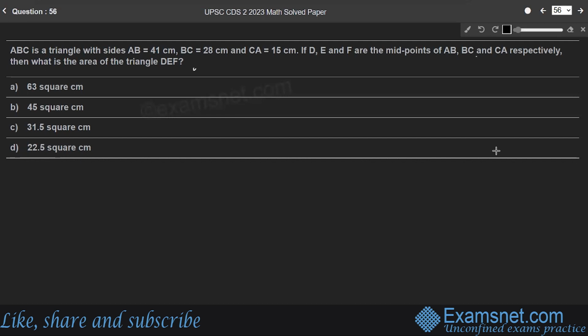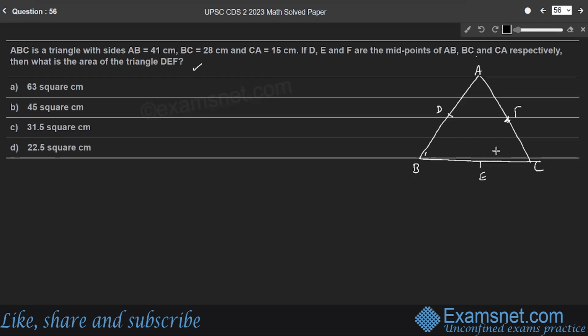Question 56. ABC is a triangle with sides AB, BC and CA whose measures are given. D, E and F are midpoints of AB, BC and CA respectively. Then what is the area of the triangle DEF? So we'll consider a triangle ABC whose sides are given and their midpoints are given. This is ABC, and D, E and F are midpoints of AB, BC and CA respectively.